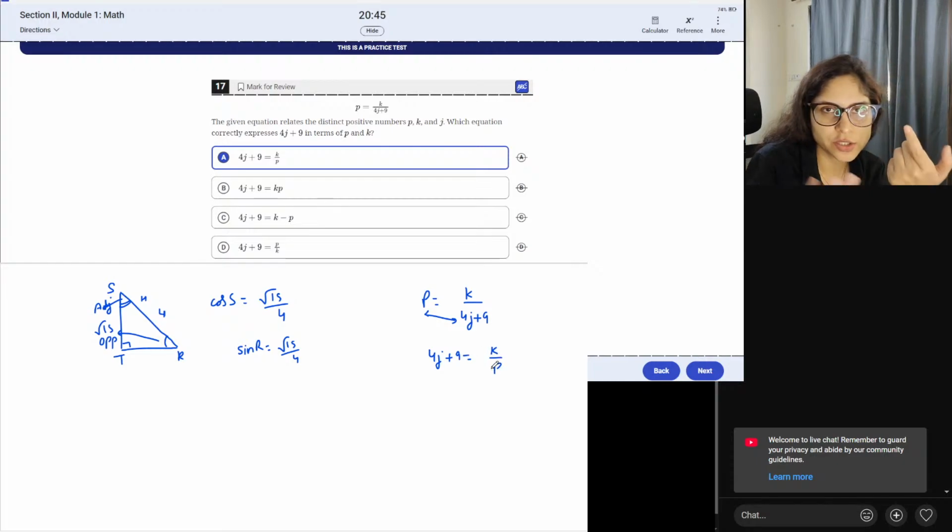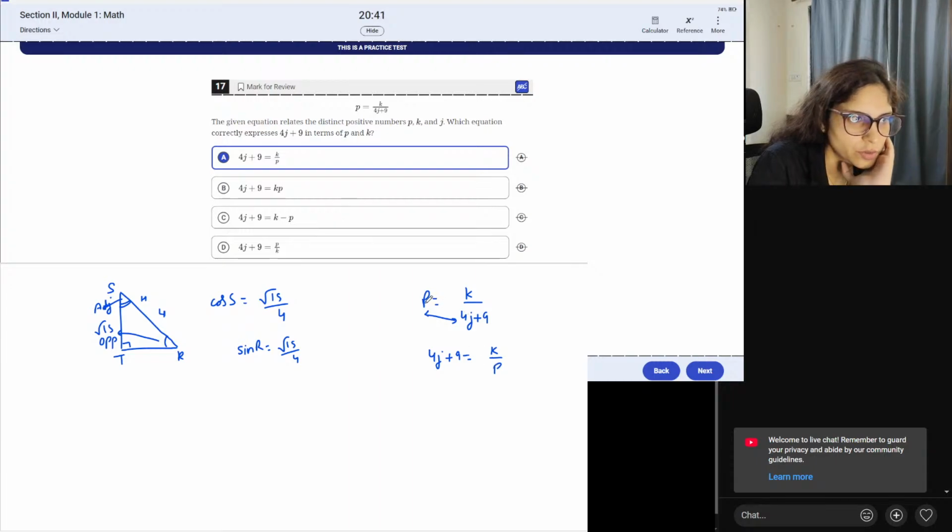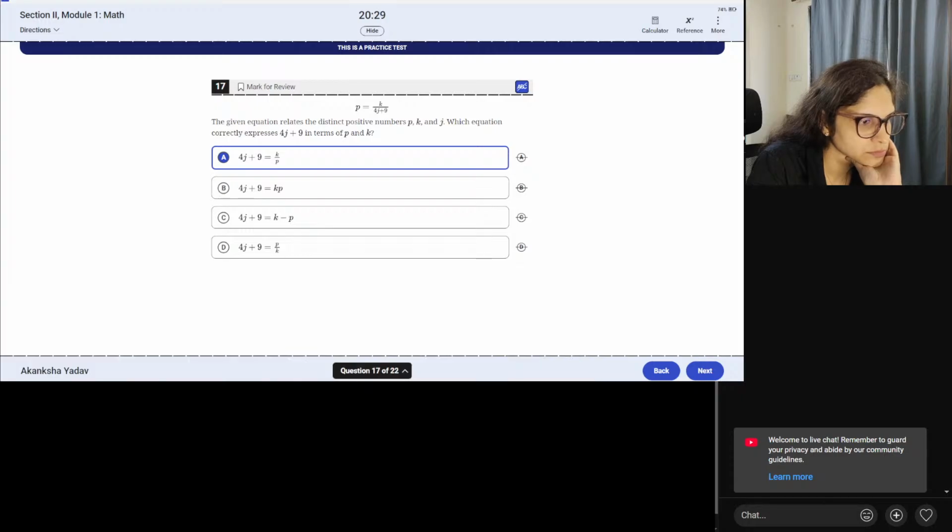So you can interchange the numerator and denominator on the opposite sides of the equation. This numerator can become the denominator here, and this denominator can go up and become the numerator over there. K over P, correct.